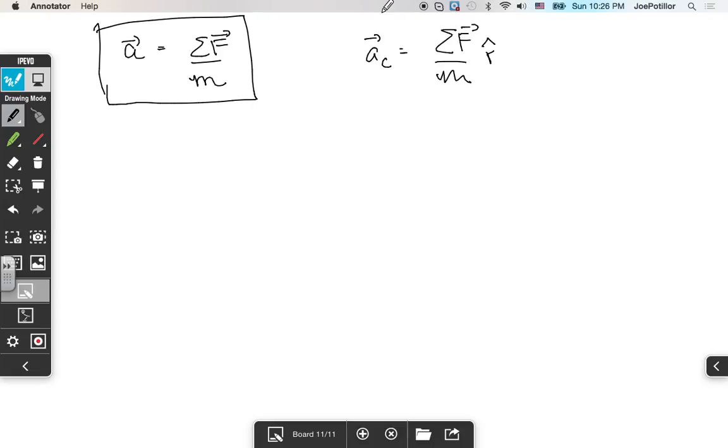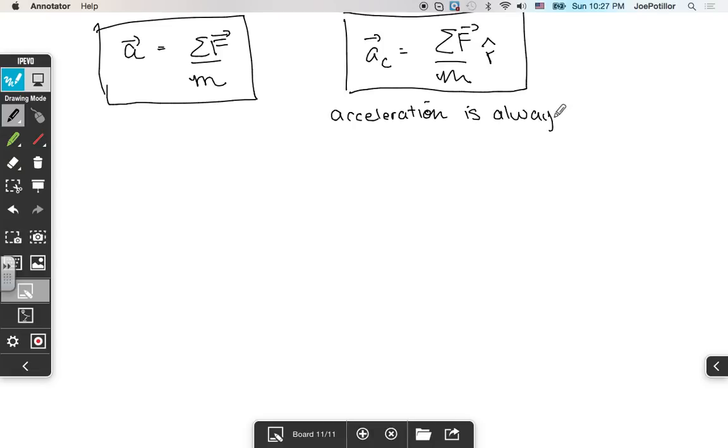What that equation is telling you is something very important, that this acceleration is always towards the center. Okay, it's always directed towards the center of motion.